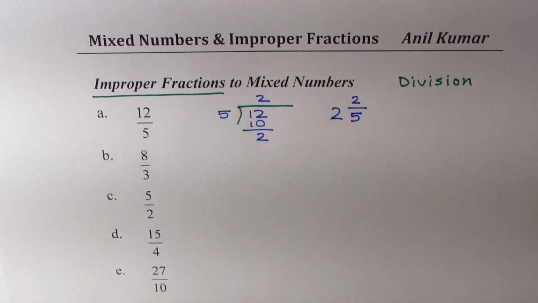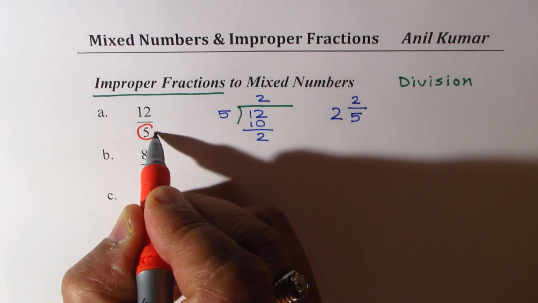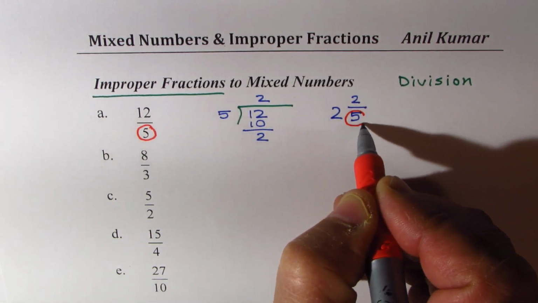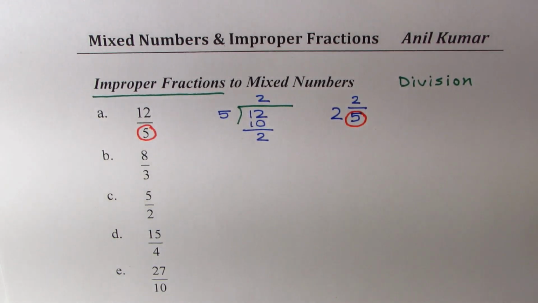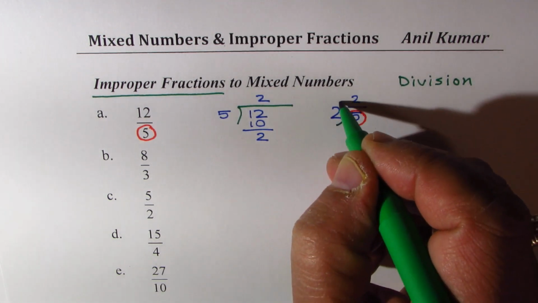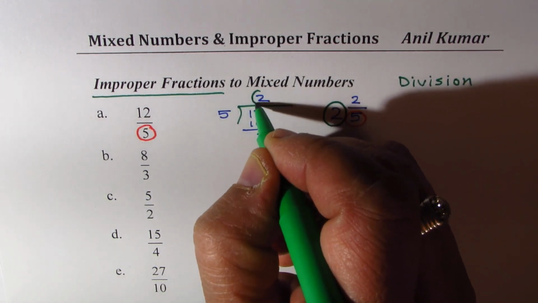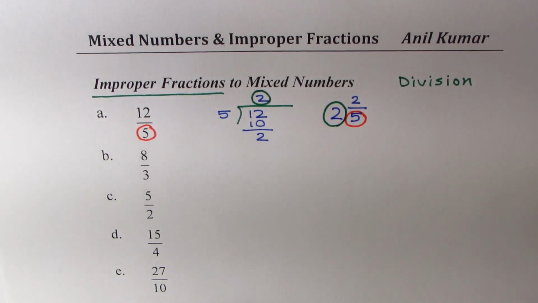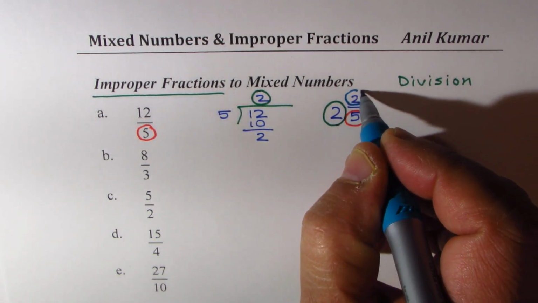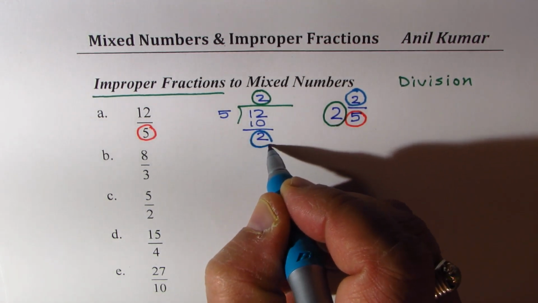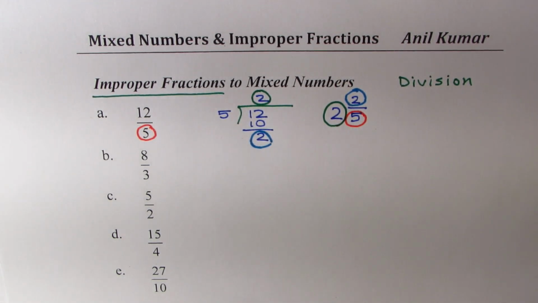Do you get the idea? So basically, the numbers at the bottom remains the same. What you get as a whole is the quotient, and what you get in the numerator now is the remainder. So that is how they are related.